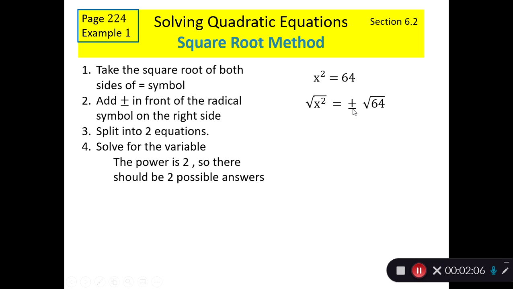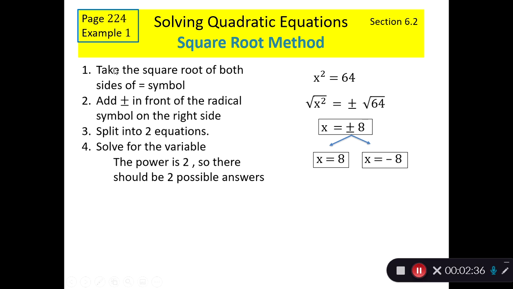So you'll remember that it could be a positive 8 or a negative 8, the square root of 64. All right? So again, the minute you do the square root on the right, write positive, negative. Now, x can be positive 8, and x can be negative 8. Either one. And you can show it separately, or you can show it all together as one.